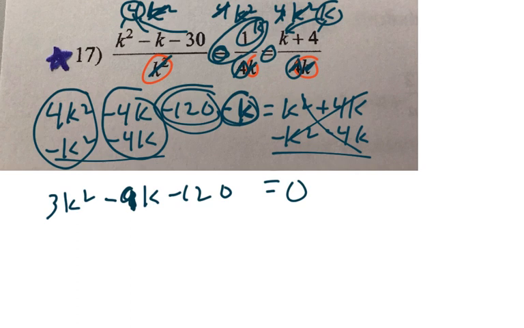Now this one, I just want to remind you, just like the last one, you can use the quadratic formula. But since I don't have my calculator ready to go with me, I'm going to factor this. Now the first thing I do is I look at the numbers, guys. See how I can always divide by 3, 9, and 120. So I'm going to divide by 3 first.